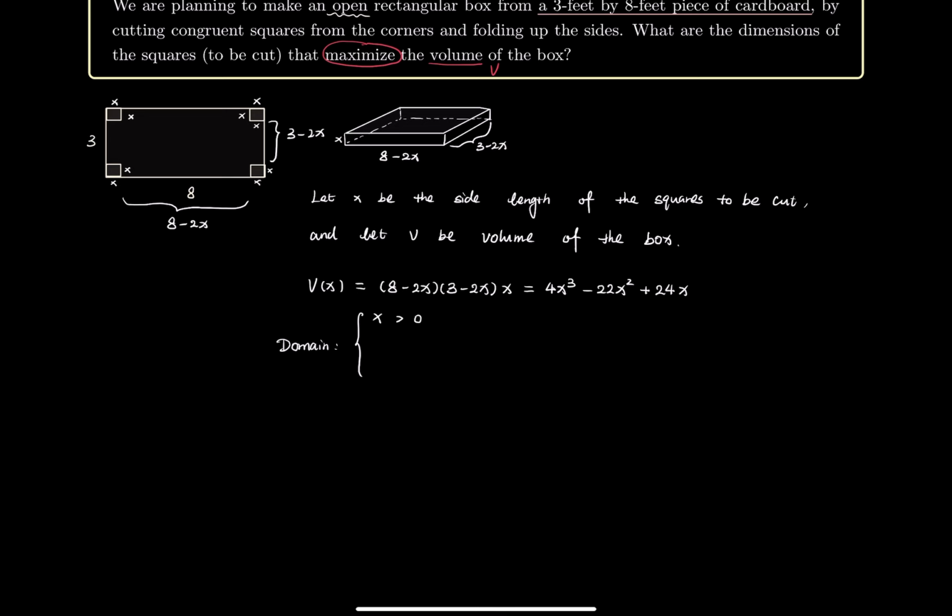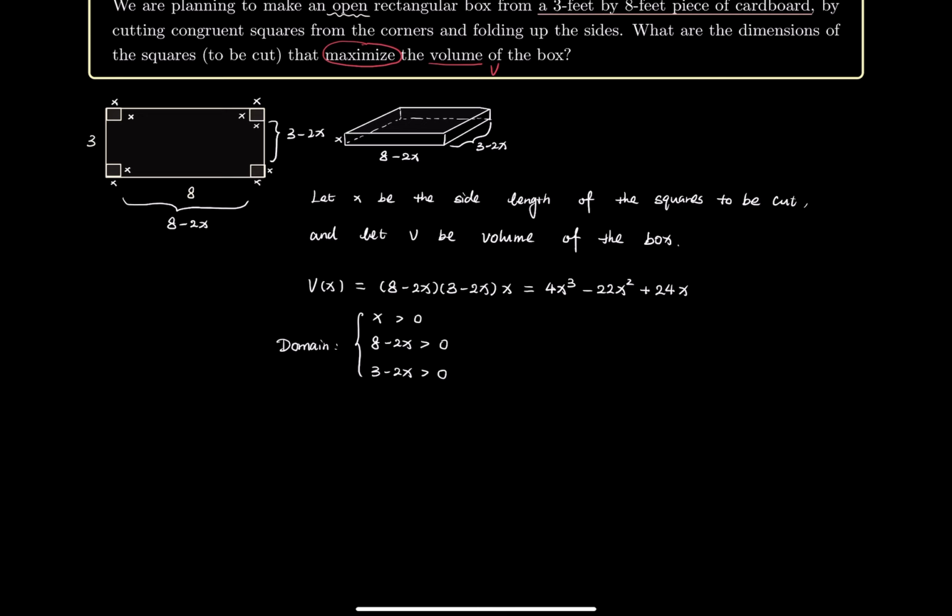Because it doesn't make sense. If they are 0, how do you make a box? So at the same time, I don't want 8 minus 2x to be 0 or smaller than 0. I also don't want 3 minus 2x to be negative or 0.